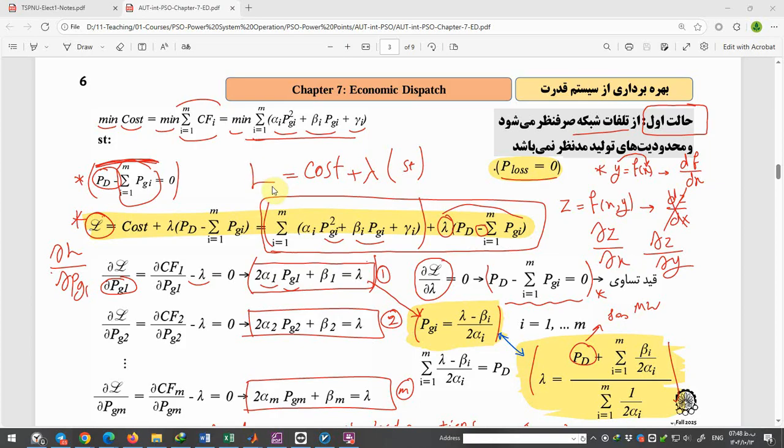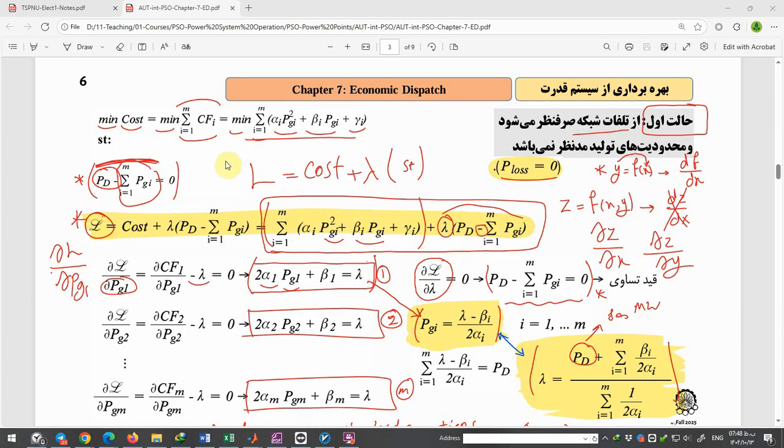The Lagrangian function, L, is equal to cost plus lambda times the constraint. For example, this cost function plus lambda multiplied by the power balance.